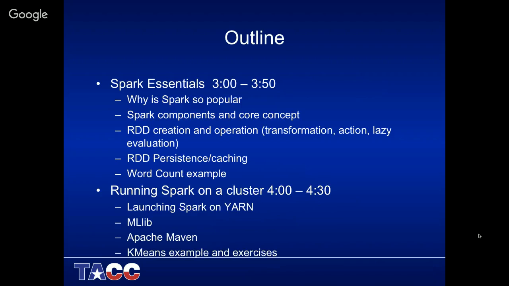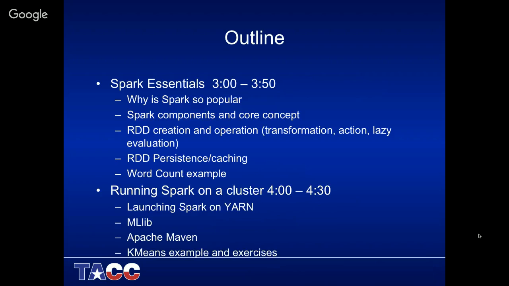The most important thing is the RDD, the resilient distributed dataset. We talk about how to create it and what kind of operations you can use on top of the RDD. A key important operation is called RDD persistence or caching, which makes the computation faster.